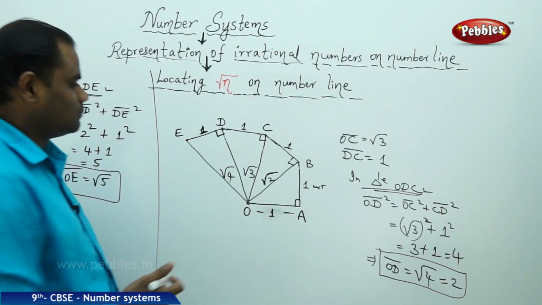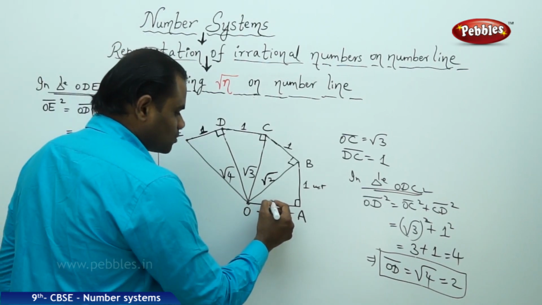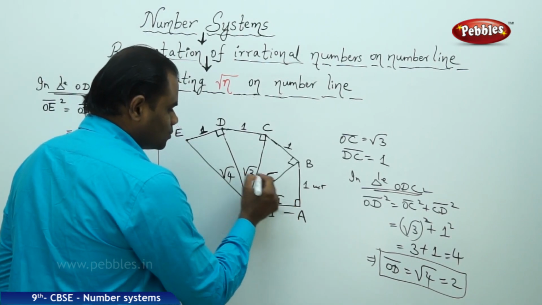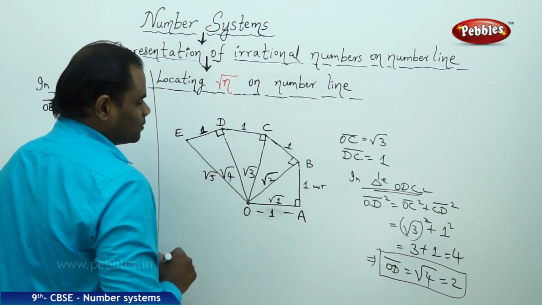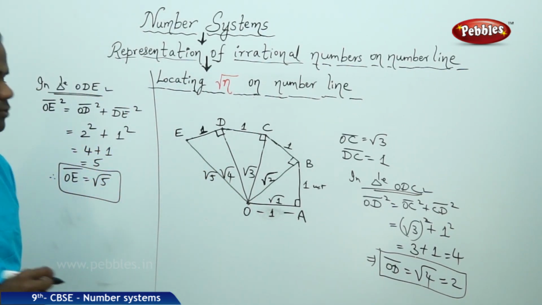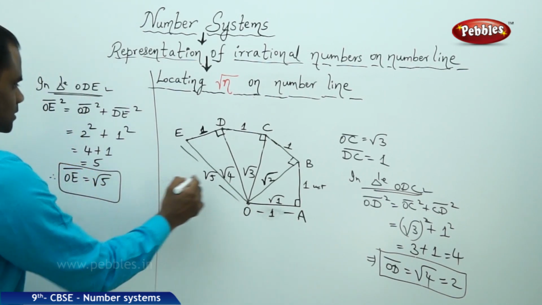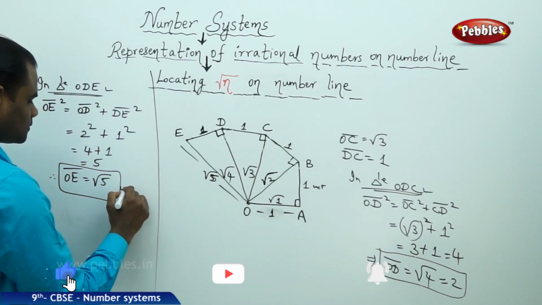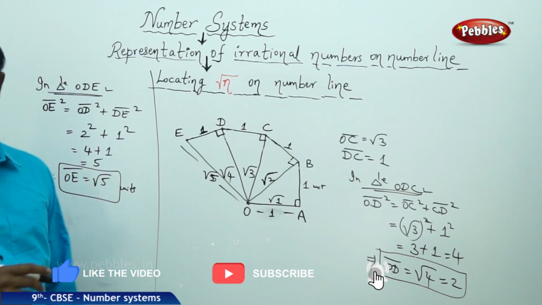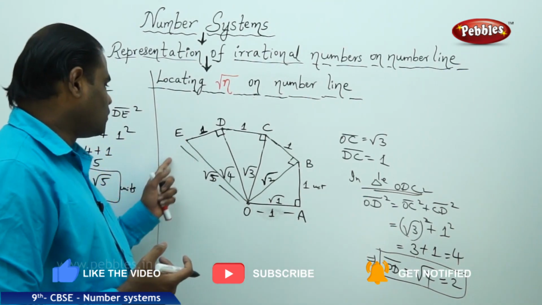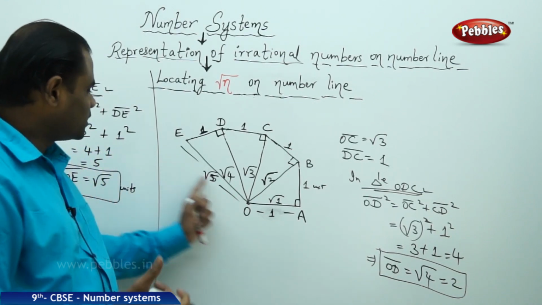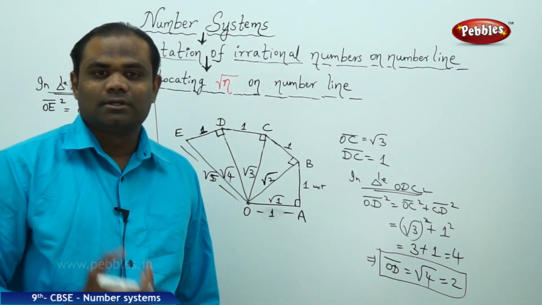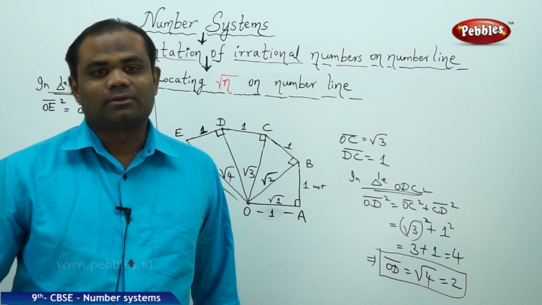So I have root 1, root 2, root 3, root 4, and then finally this comes out to be root 5. So this distance OE is root 5 units. In order to construct root 6, we again take 1 unit perpendicular from E with a length of 1 unit, join the dimension, we get root 6, root 7, root 8, root 9.